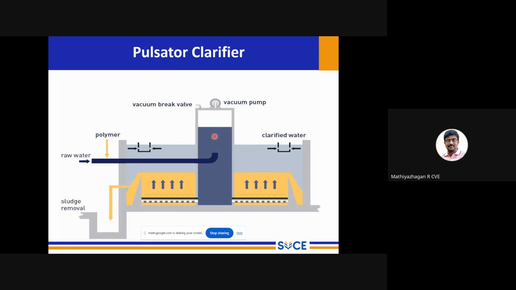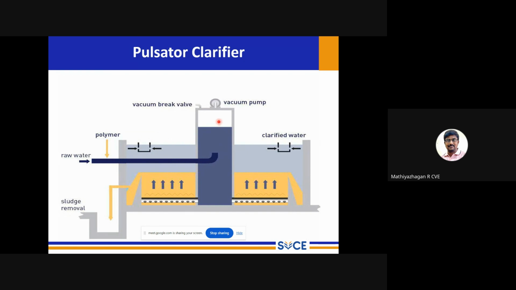Once it reaches the bottom of this tank, the velocity gets reduced and the microflocs are converted into macroflocs. These macroflocs are stopped by the sludge bed, and the sludge accumulates at the bottom. The clarified water, free from colloidal or discrete particles, moves to the next process, the sand filter.